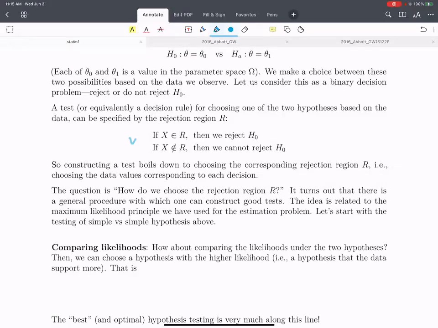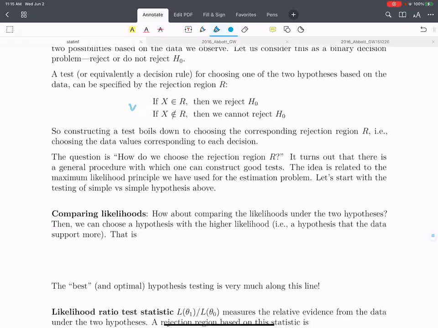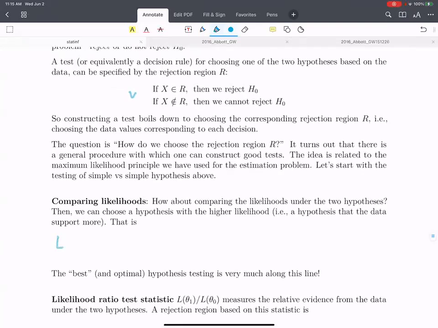It starts playing the key role. The idea is to compare likelihoods under the two hypotheses. There are two possibilities under the two hypotheses. So what happens if the likelihood evaluated at the value under the alternative hypothesis is higher than the likelihood evaluated at the parameter value under the null?